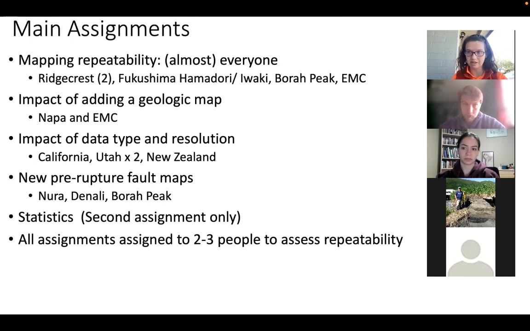For this assignment, you're going to do mapping in the polygon shapefile that I sent you, first with just different types of topography data sets. I want you to make a complete map, the GIR and the faults in the polygon, and then you're going to send that to me.